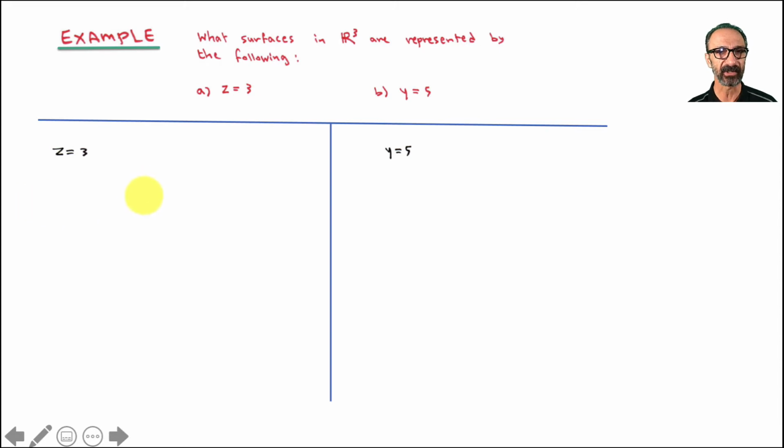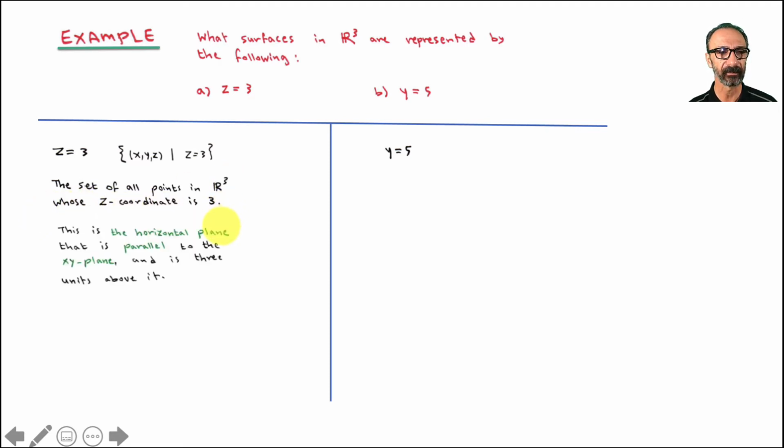So it's not going to be a horizontal line like back in the XY plane. We describe it by the set of (x, y, z) such that z equals 3. That's how we read this.